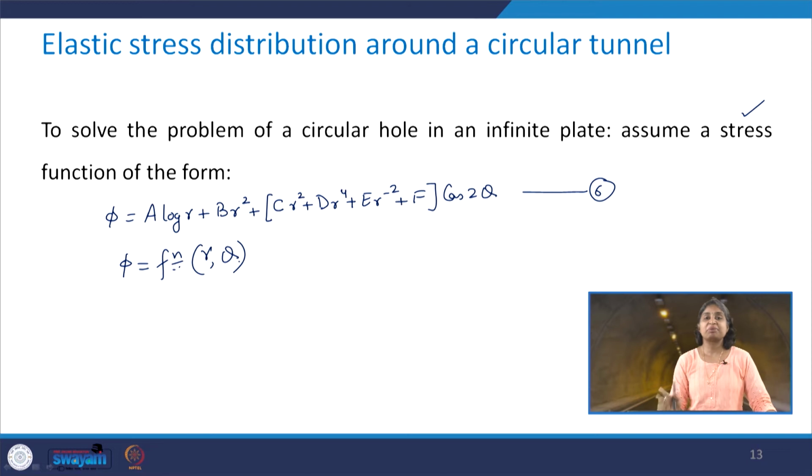That means it is representing any point in the surrounding medium. And what about these a, b, c, d, e and f?